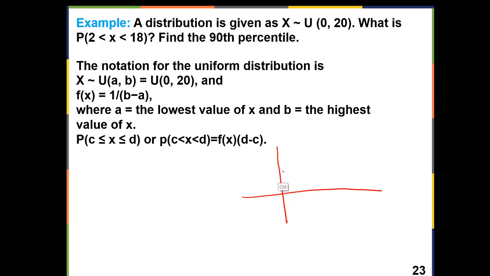I'm going to draw again from 0 to 20, right? And now what we're looking for is a number right here, where 90% of the area is to the left of this number right here, right?